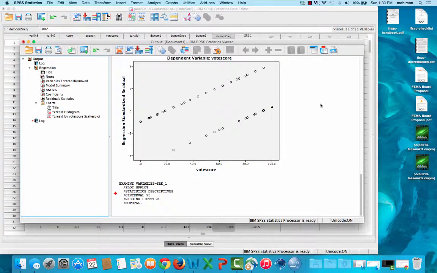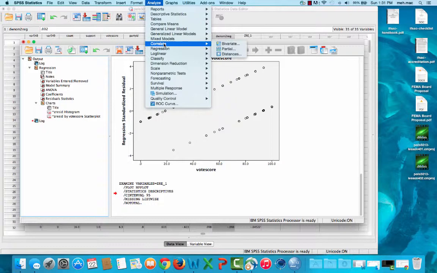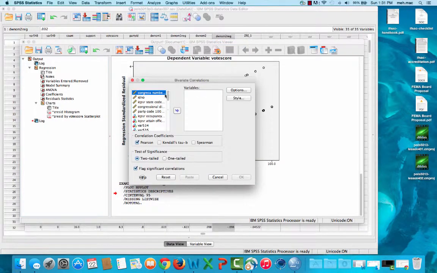One of the other assumptions, the BLUE assumptions, is that we need to make sure the residuals are no longer correlated with the independent variable. So I'm going to run a quick correlation. Analyze, Correlate, Bivariate. I'm going to go to my last dependent variable, party identification, and add the standardized residual value that I just calculated, standardized residual 1, and click OK.